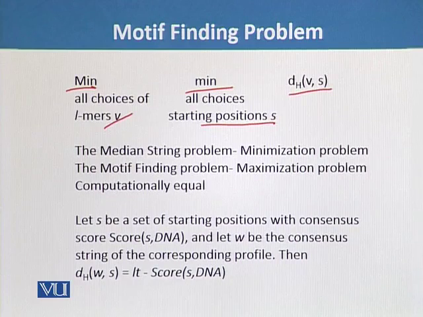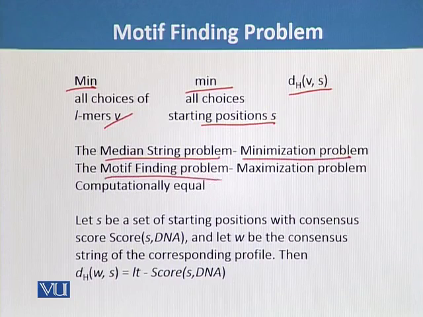So the interesting thing here is that despite the fact that the median string problem is a minimization problem and the motif finding problem is a maximization problem, these two problems are computationally equal. We will see later how they are equal.